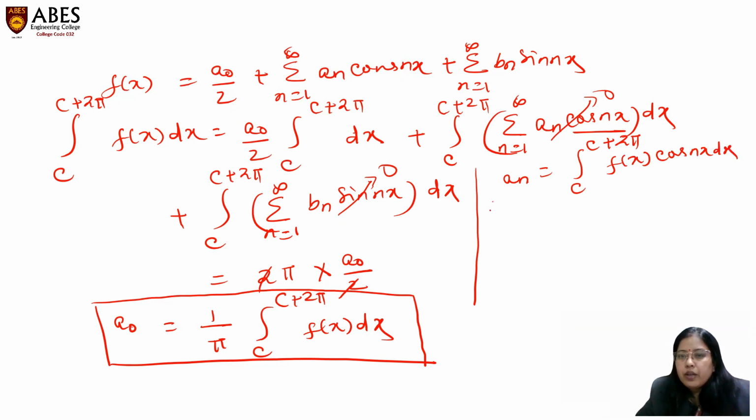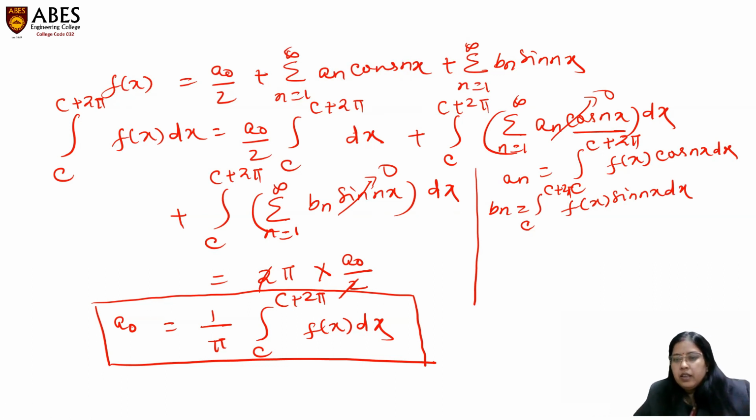Similarly, we can find that bn is 1 by pi integral c to c plus 2 pi f(x) sin nx dx. So these are the Fourier coefficients.